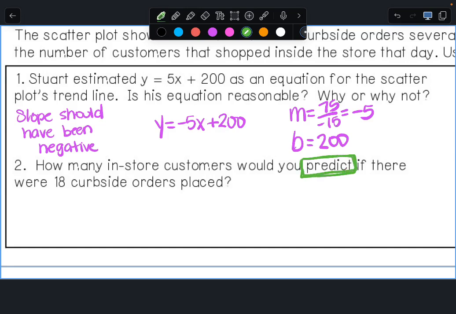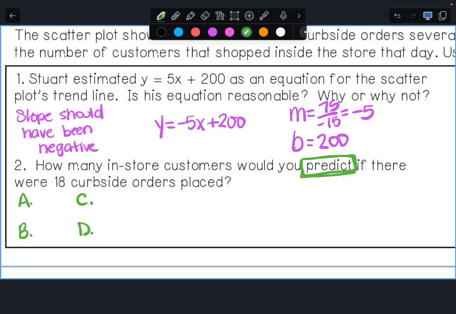Focus. Lock in. How many in-store customers would you predict if there were 18 curbside orders? Like 20. So when you come across questions that deal with lines of best fit or trend lines, it's always going to be a multiple choice question. And since we are making estimations, the number that you find as your answer is not going to be exactly one of the answer choices.